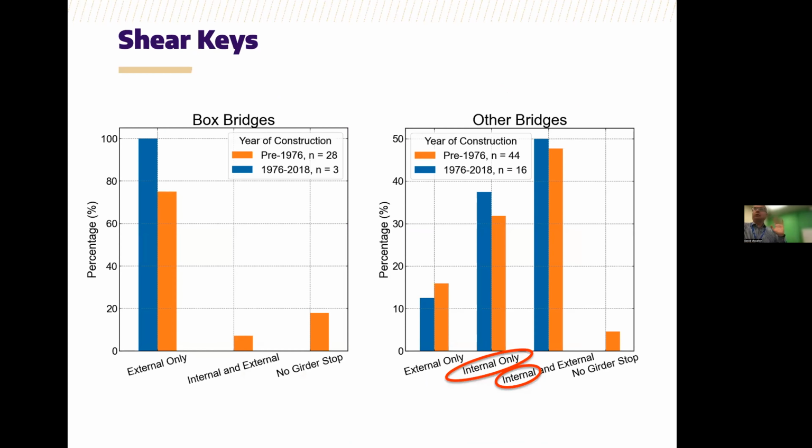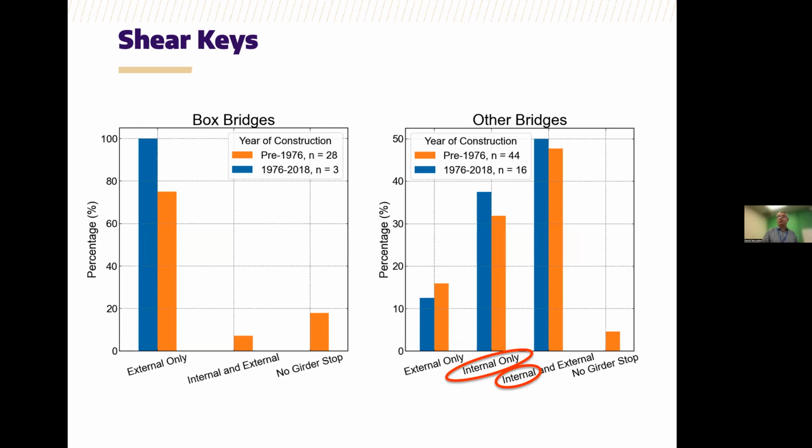Just as one little example, we have dozens of bar charts like this. This is actually looking at a subset of bridges. We have shear keys. If you're worried about a bridge moving transversely, it turns out that shear key is super important. And it just shows that depending on the kind of bridge you have, you're likely to have one shear key or another. This result is one you would expect, which is if you have a box bridge, you have external shear key.